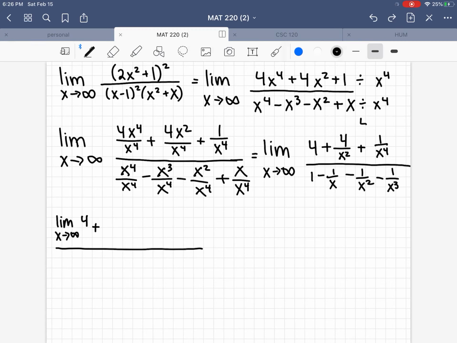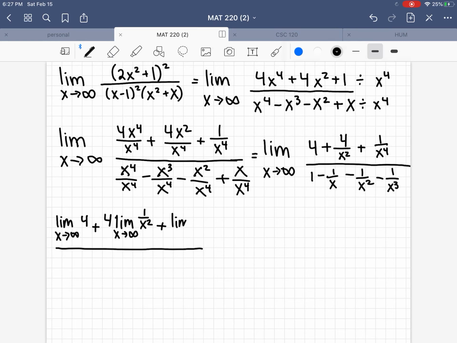And if you remember the constant multiple rule, we can take that constant, the 4, out and put it in front of our limit, and we'll just multiply it by the limit. So that would be 4 times the limit as x approaches infinity of 1 over x squared. So again, this 4 is just being pulled out in front of the limit, and that leaves us with our 1 over x squared going there.